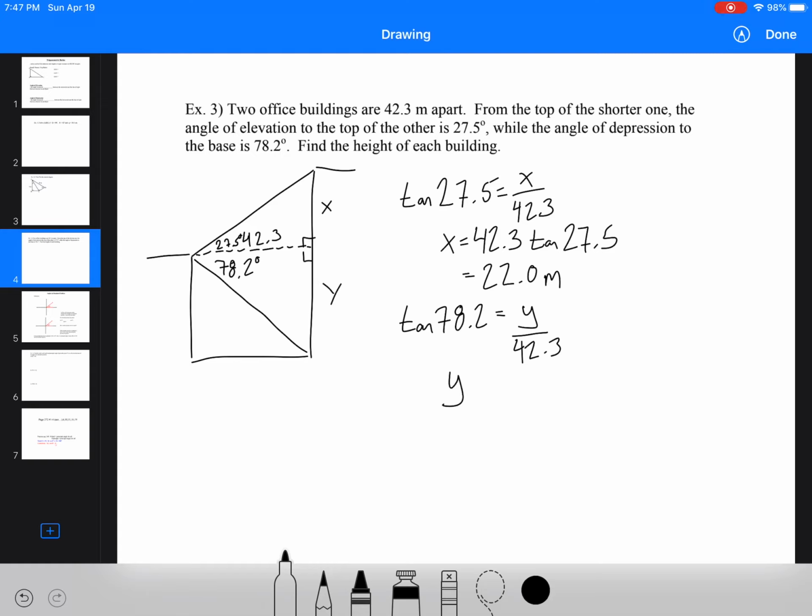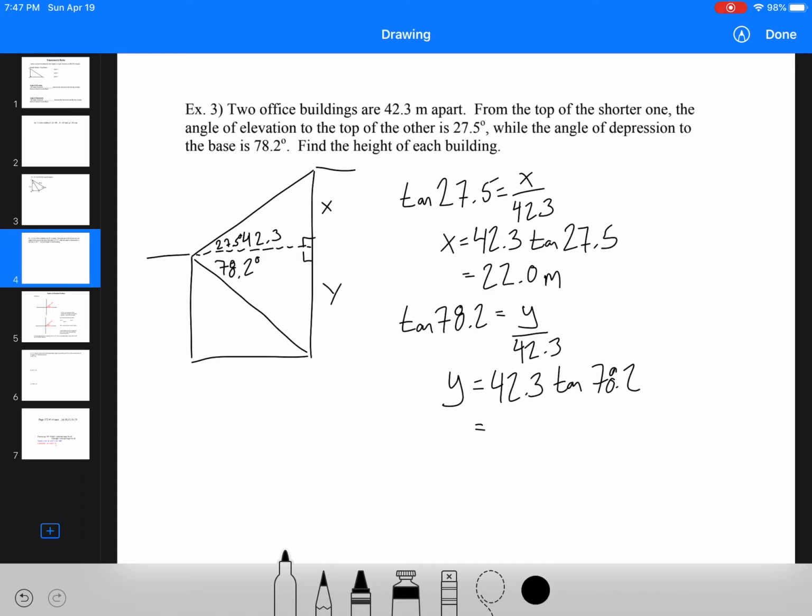Now we're going to do the exact same thing on the bottom for y, because it's still opposite and adjacent. So y over 42.3. Y equals 42.3 tan 78.2. Now we're just putting in those numbers to our calculator.